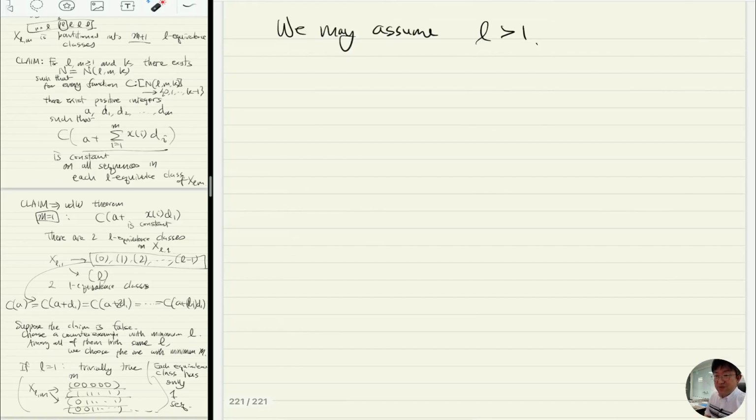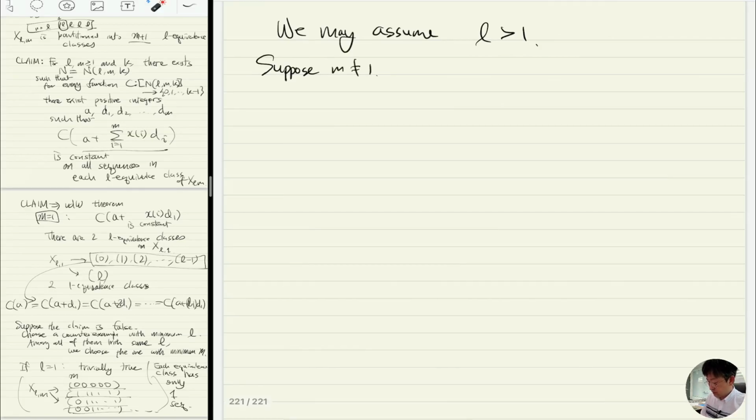Now, let me first treat the case when M is not 1. Then we're going to take M, capital M, to be this number given by the induction. This M minus 1 is smaller than M, so I know that this number exists.